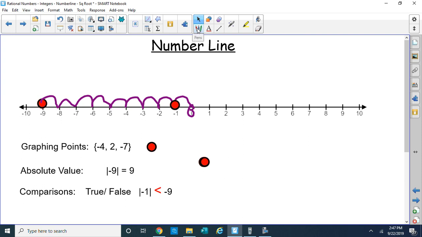So let me graph that, get a different color. So let me count how many spaces that is. Just one space. So this is one space away from 0. So now I'm really comparing is 1 less than -9.